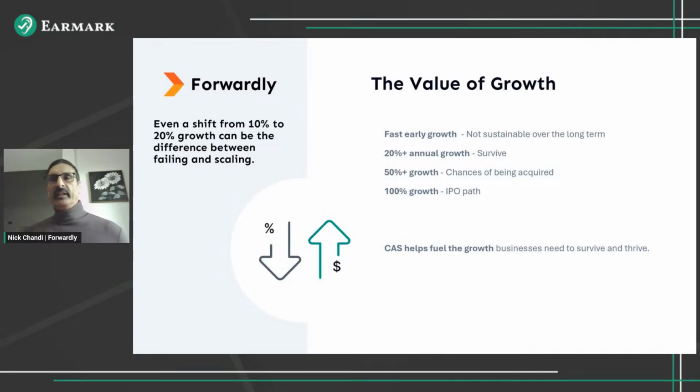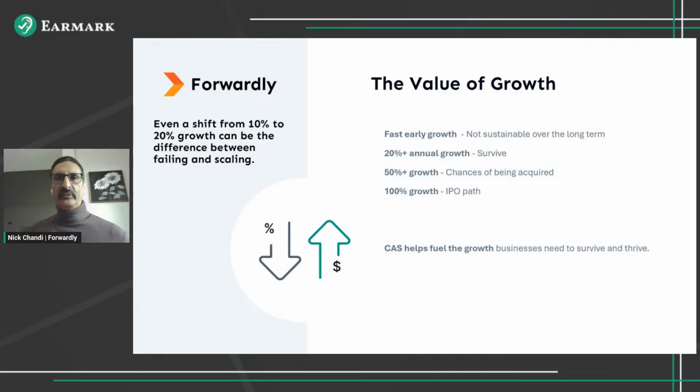Because we have seen that when you start a new business, it's possible to grow very fast, maybe 50%, 100%, 200% a month, or maybe in a year. But that's very hard to maintain over a long time.